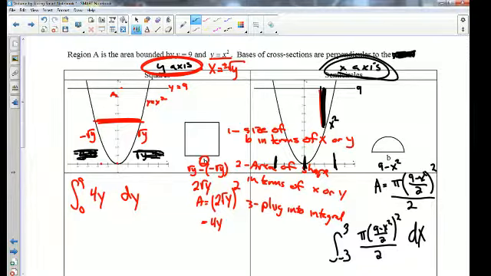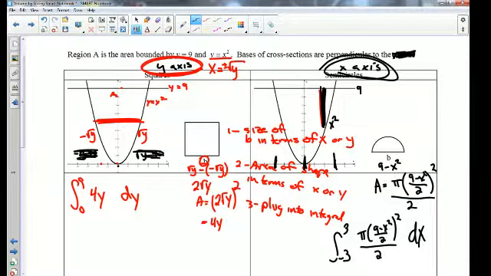Who had a hand up? Why is it 3? Because we're integrating with respect to x. This starts at negative 3 and ends at 3. How come the left one is different? Because we're integrating with respect to y, which is 0 to 9.